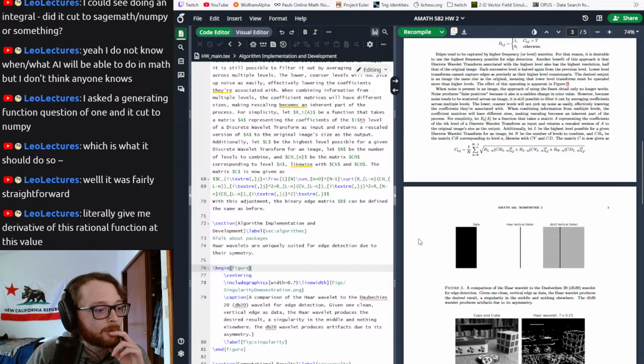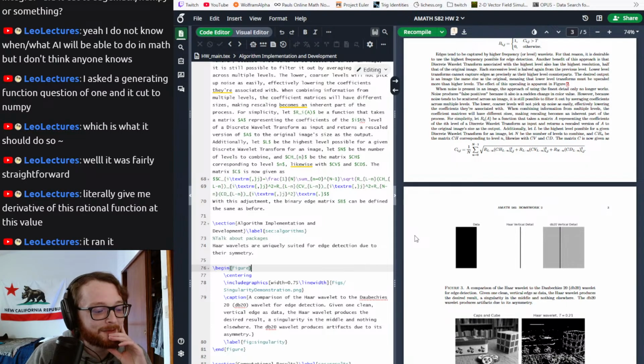Give me a derivative of this rational function at this value. Oh, that's interesting. I wonder if it actually runs the code or if it just predicts the output? I guess it probably predicts the output. It ran it. I didn't know it could do that.